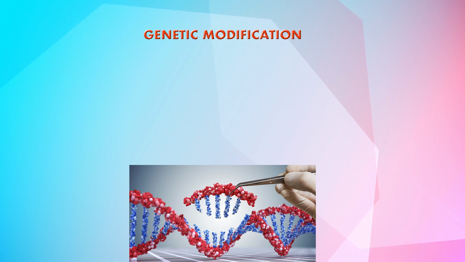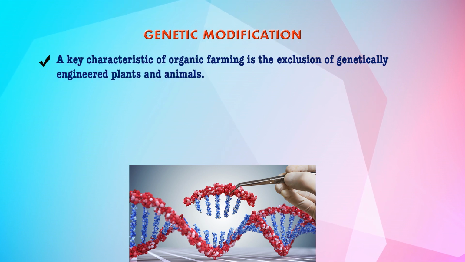Genetic modification. This is also a very important thing that organic farming takes into account. A key characteristic of organic farming is the exclusion of genetically engineered plants and animals, because there are certain controversies regarding the use of genetically modified food and genetically modified organisms in the production of food products.